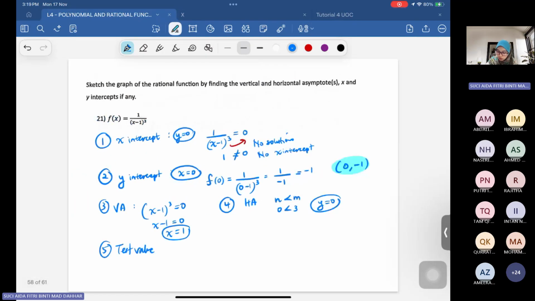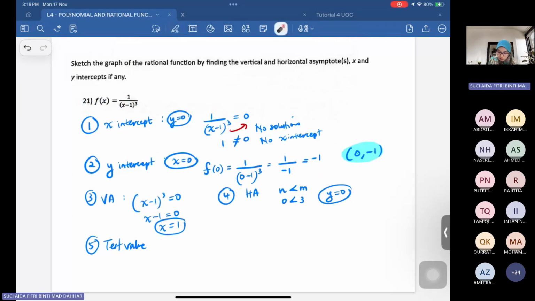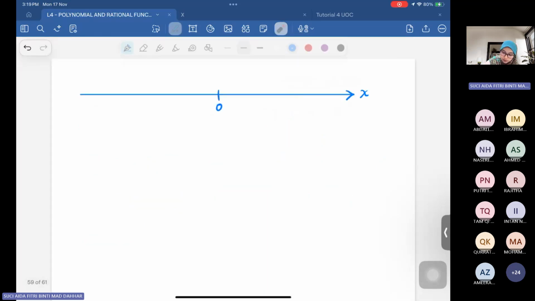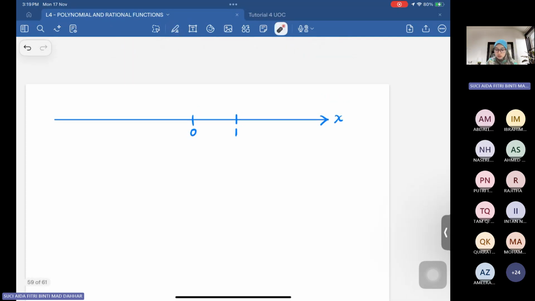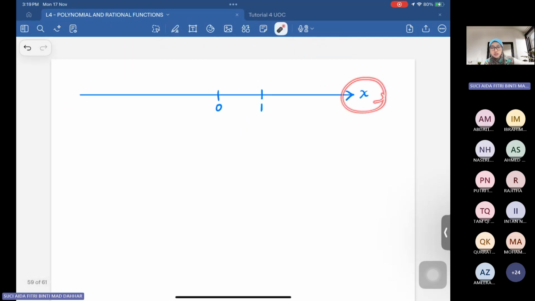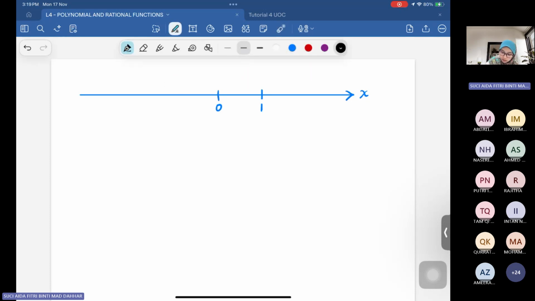Now, we only got one vertical asymptote at 1. So that's 1 here. So this divides our region into 3 different partitions. 1, 2, 3. Right? Okay. So now you can pick the test value that you like to use.